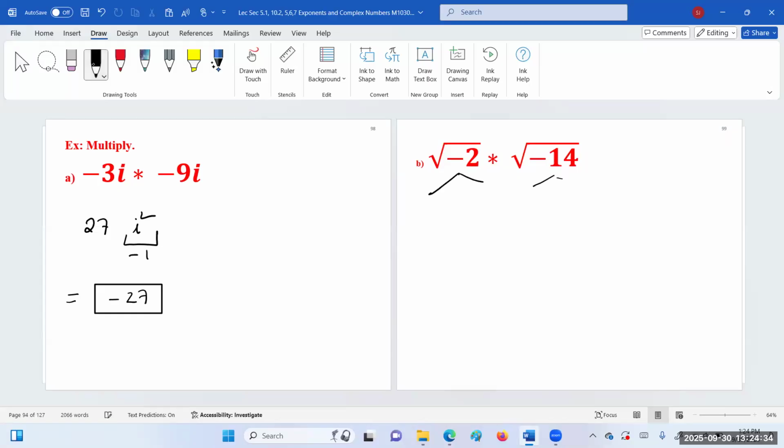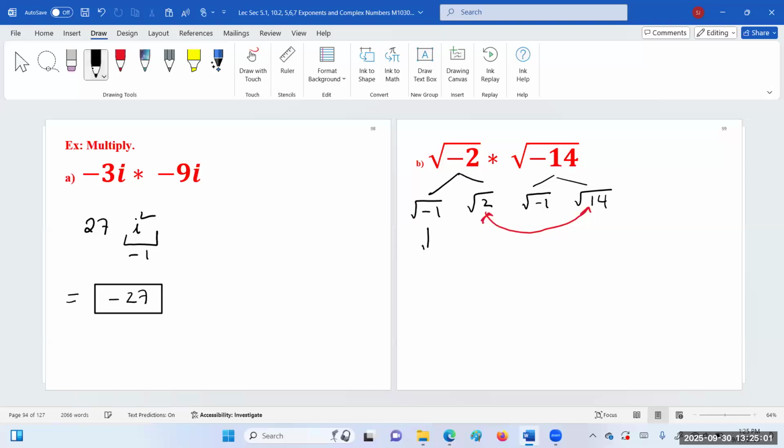You have to split. Square root of -1 times square root of 2. Square root of -1 times square root of 14. And now since both of them are positive, you're allowed to multiply them this time, because 2 is positive, 14 is positive.